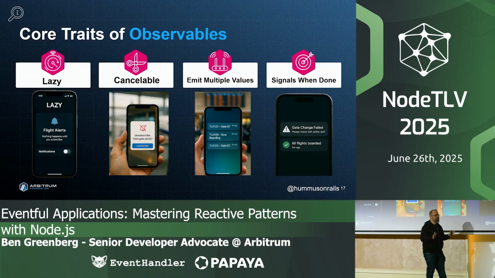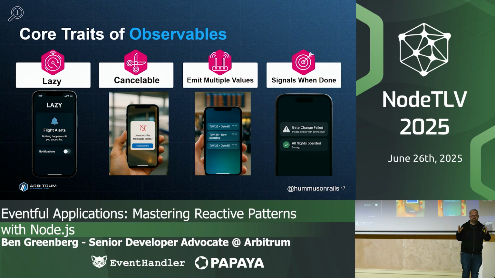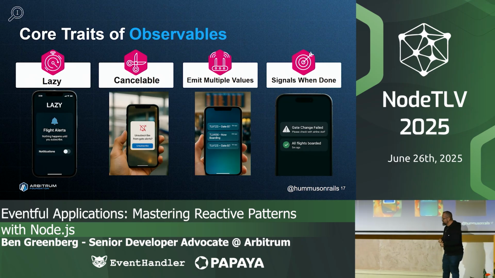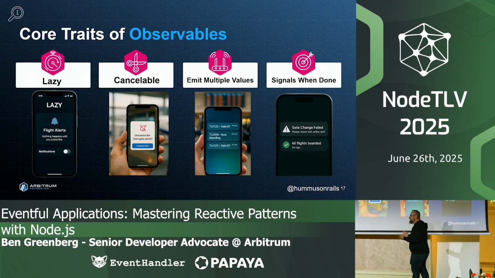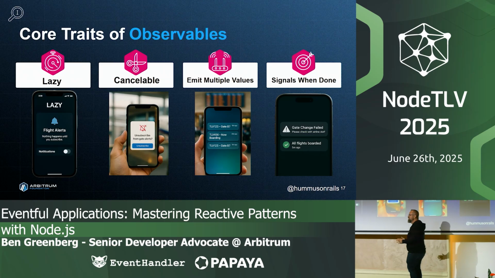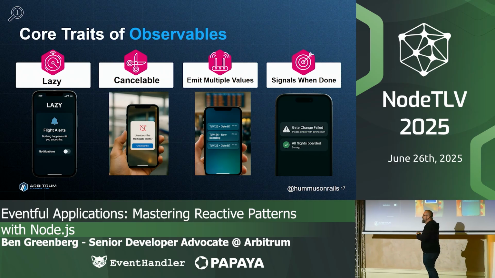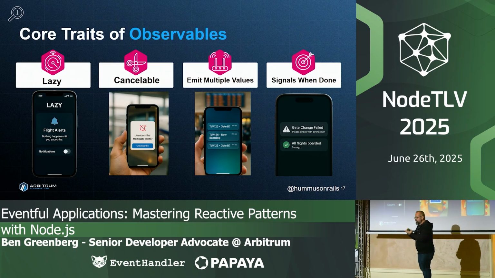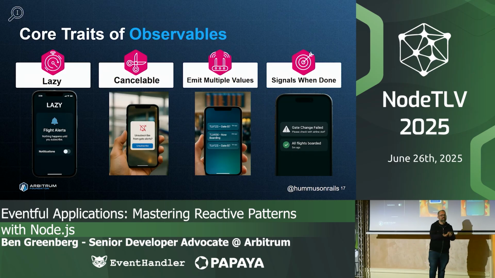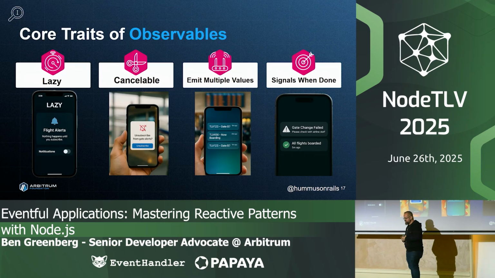Now, observables have 4 key traits that define them in your application. First of all, they are lazy. Not lazy like before their first coffee in the morning, but lazy like in the fact that you have to take an action to observe. They also are cancelable, unlike your streaming services or your cell phone plan.